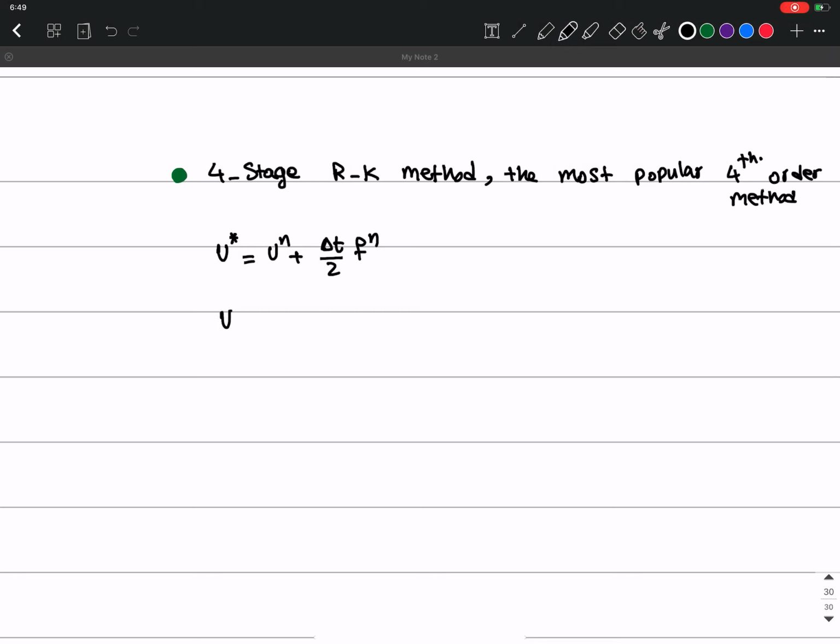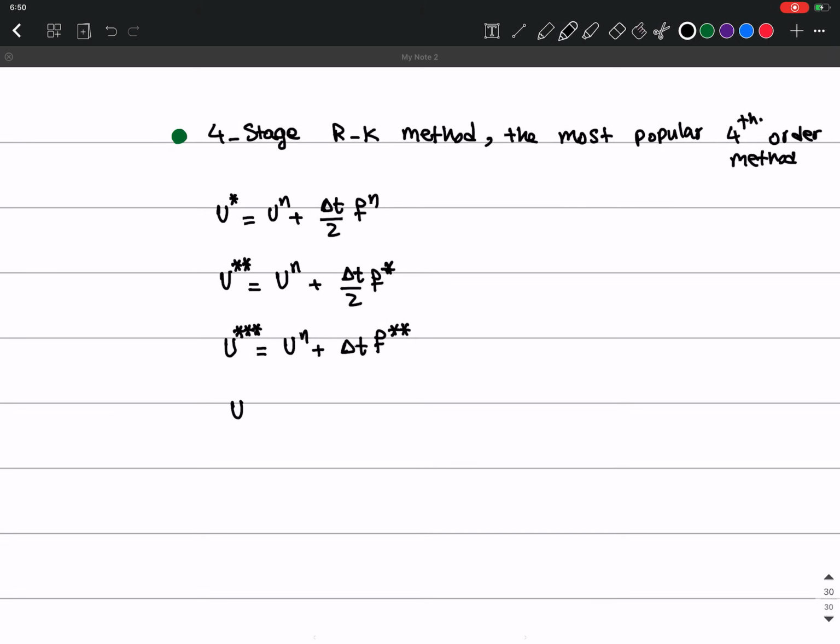And then the next stage is U double star is UN plus delta T over 2 times F star. And I will define what is F star. And then the next step is U triple star is UN plus delta T F double star.